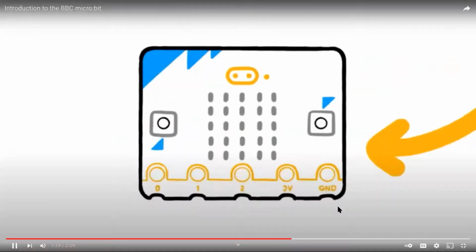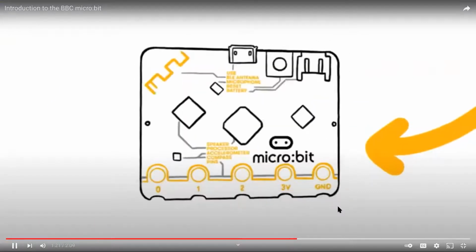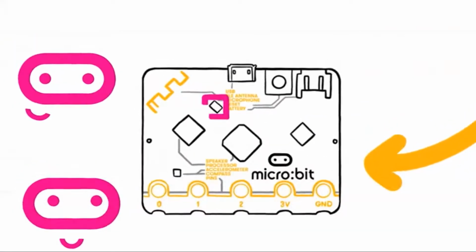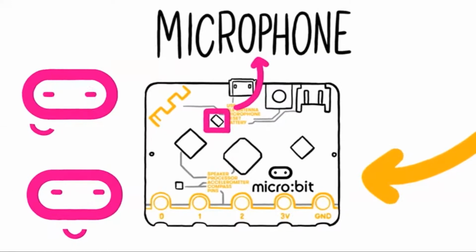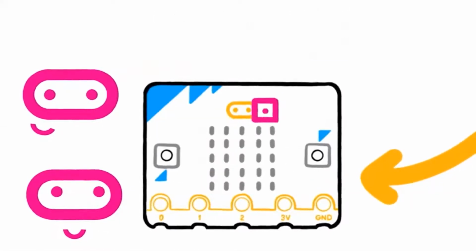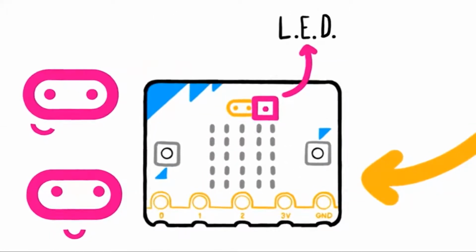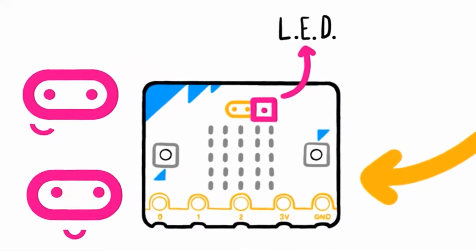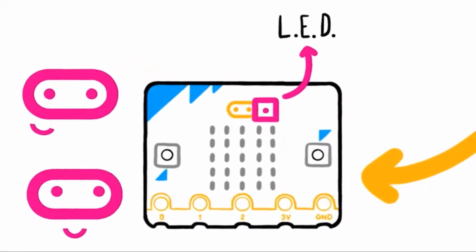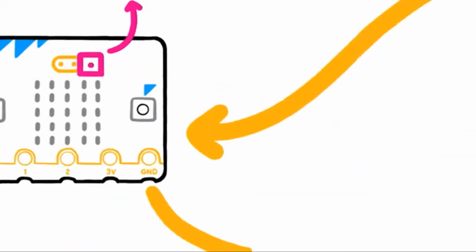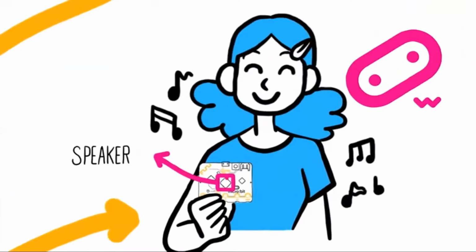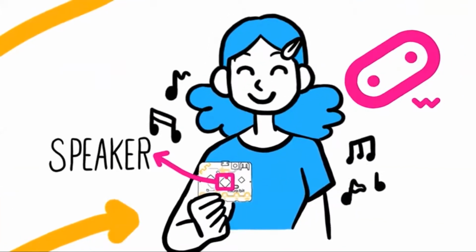The latest version of the micro:bit has some exciting new features. The microphone adds a sound sensor, and the special LED on the front of the micro:bit lights up to show you when this new sound input is measuring sound levels. The speaker lets you add sounds and instant audio output to your projects.